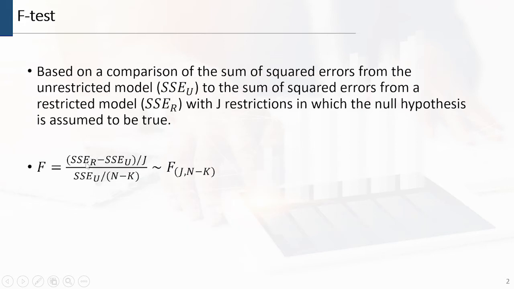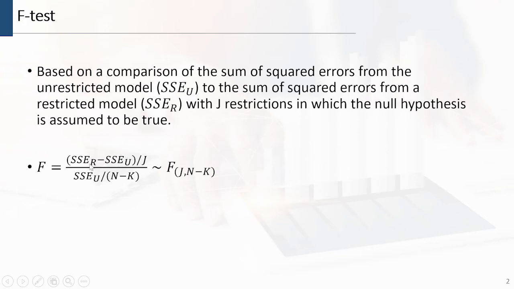So let's just go back to the definition of the F statistic. In the numerator, the F statistic includes the term of the difference of the sum of square residual of the restricted model and the unrestricted model. When you add more restrictions, in general, the first term should be larger than the second term.